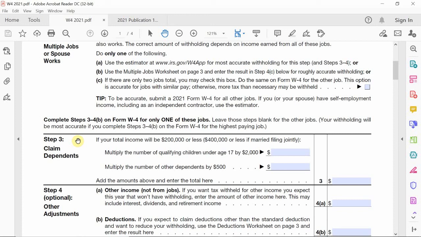And same thing here, if it's a dependent that isn't your child, but someone who's depending on you, you can claim up to $500 per individual.